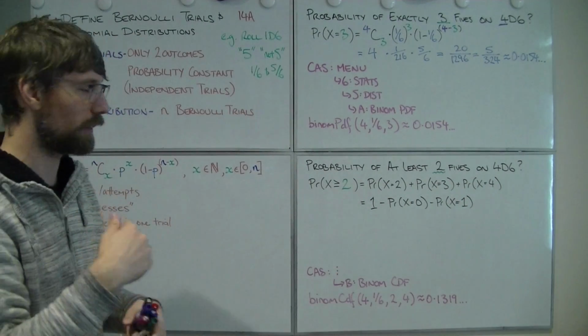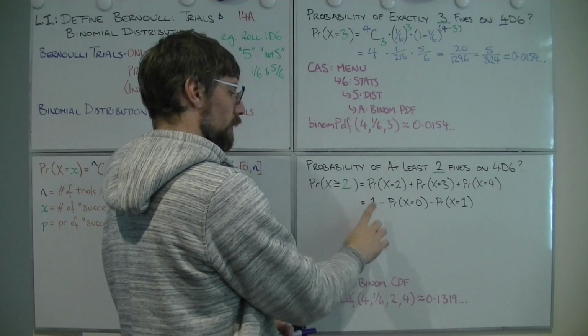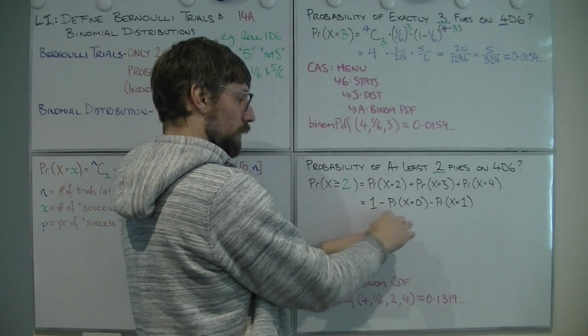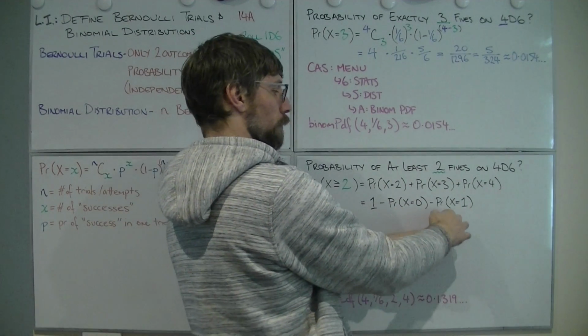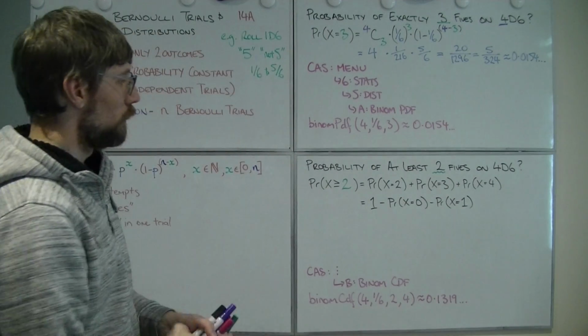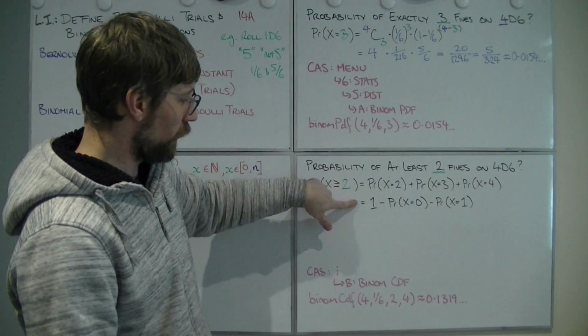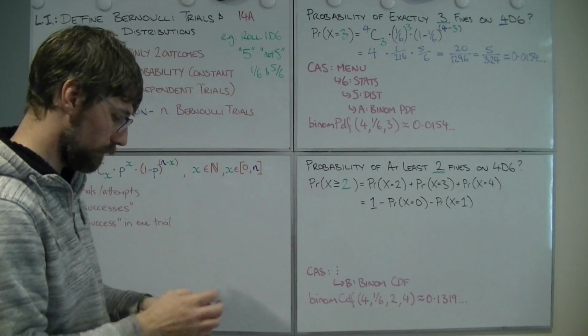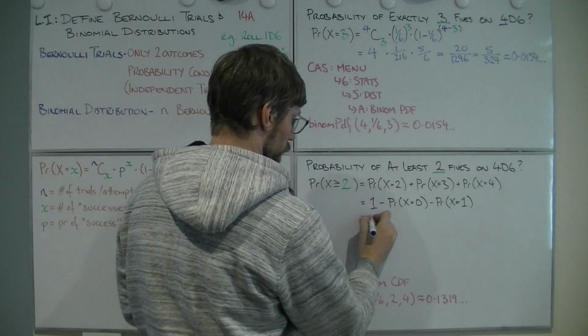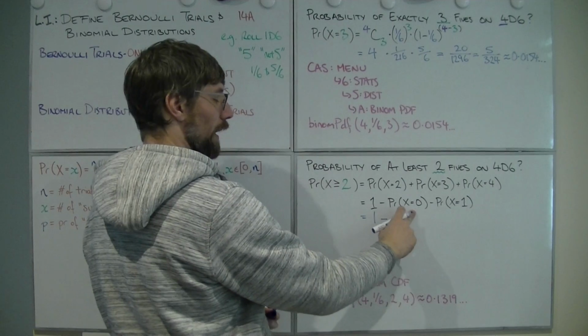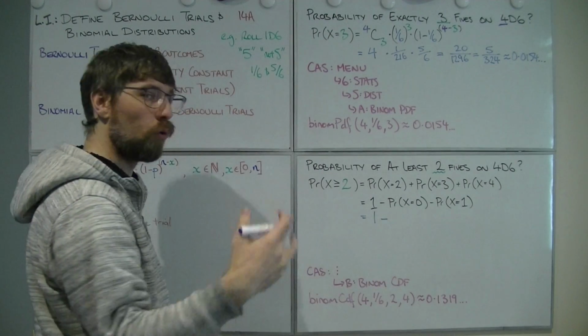But we could rethink that and go, well, hang on, that's the same as everything minus the probability of getting none minus the probability of getting 1. Now, if you take a look at those two, this one is definitely going to be easier to calculate, because minus the probability of getting none, well, that's easy, that's just all of them fail.